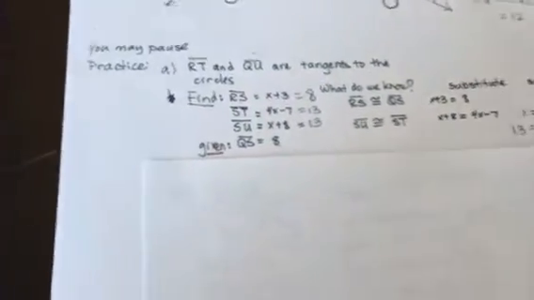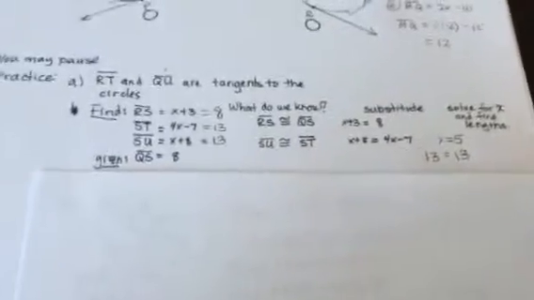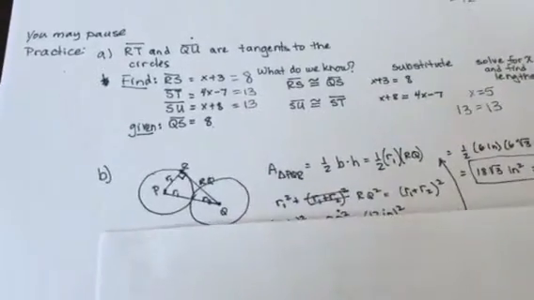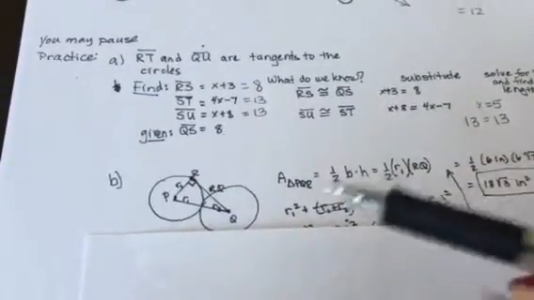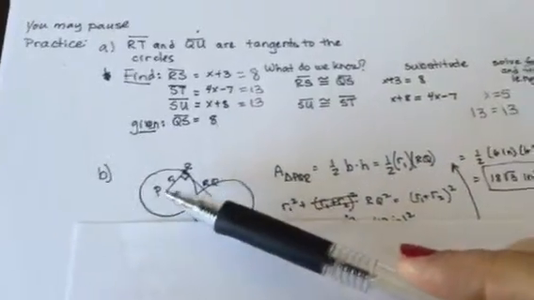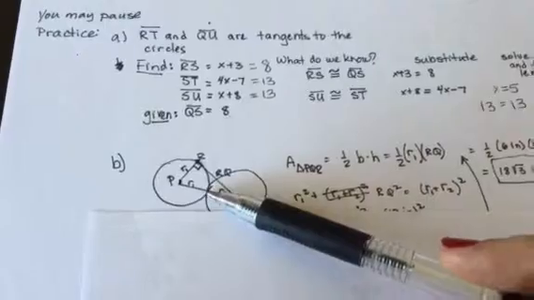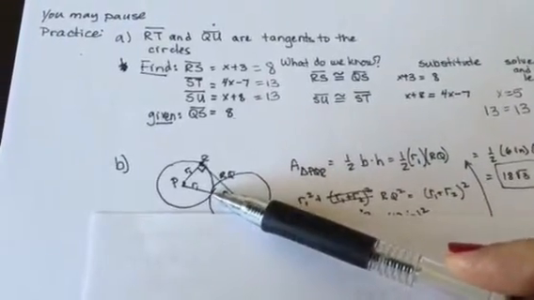Practice B. You can pause and do it yourself, then come back. These are the two relationships of finding tangents and also finding a triangle. In this case, we have two tangent circles, tangent at this point right here.